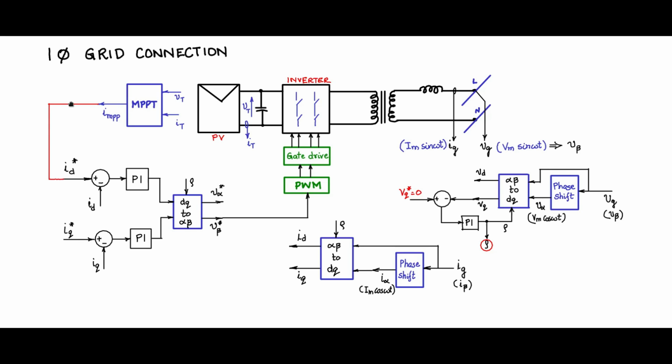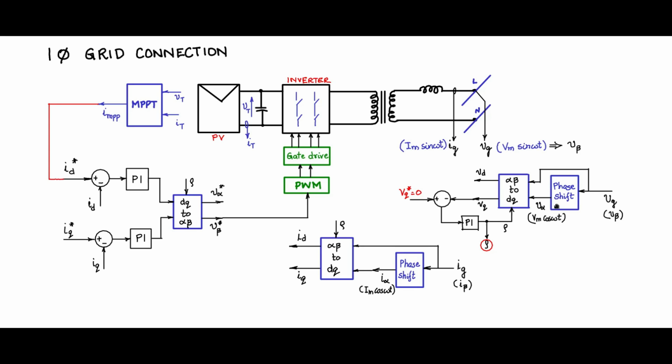So the output of the MPPT will determine ID star, and ID will try to match that, meaning the current that is flowing here would correspond to the maximum power point of the PV panel, thereby achieving integrated MPPT control and grid connection. So this would be the entire block diagram for a single phase grid connected inverter.